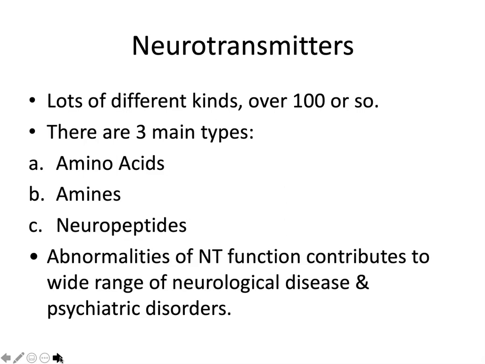Why is it important to know the neurotransmitter and the receptor type of your favorite neuron? Mostly because you want to know how that neuron is going to function. And so if you are interested in studying neurological disease or mental health disorders, those are basically iterations of the nervous system that are not functioning properly.